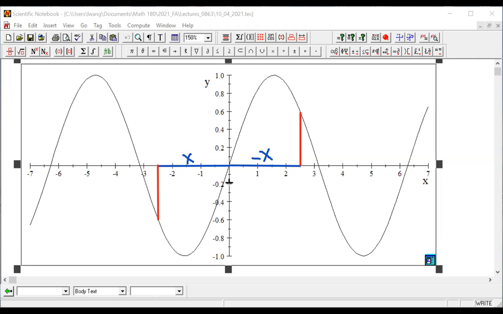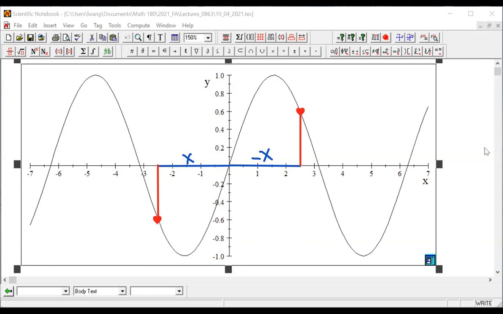Right? So this is the sine. Professor, do we need to mention within the domain of the sine function?